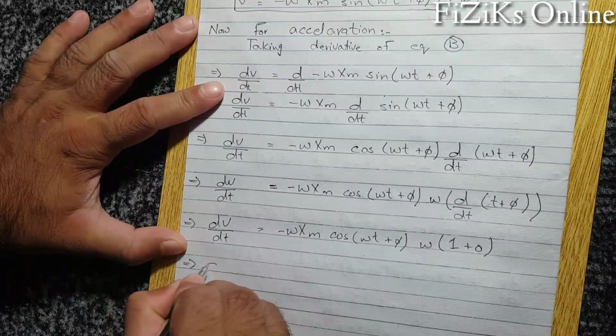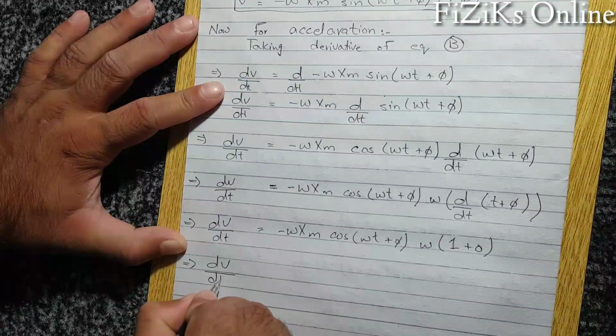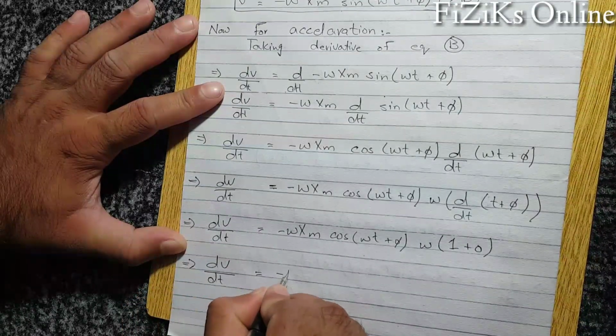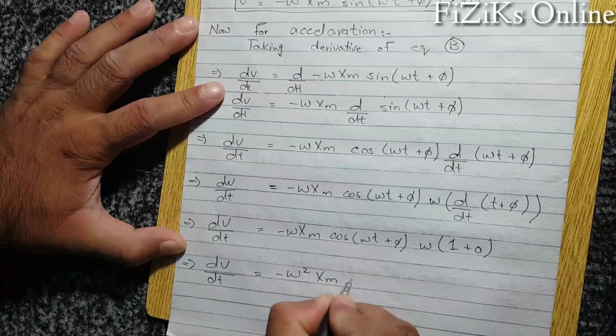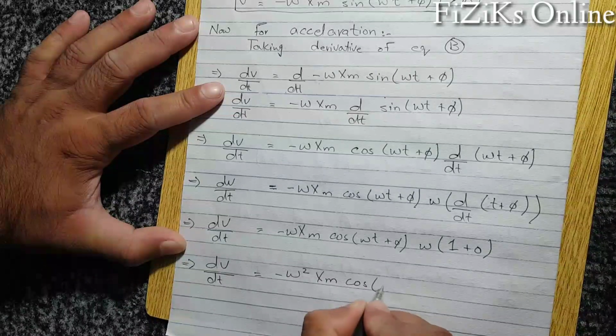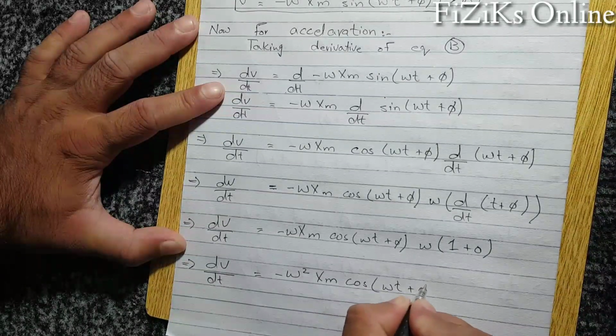So dv by dt equals minus omega into omega, so minus omega square xm cos(omega t plus phi).